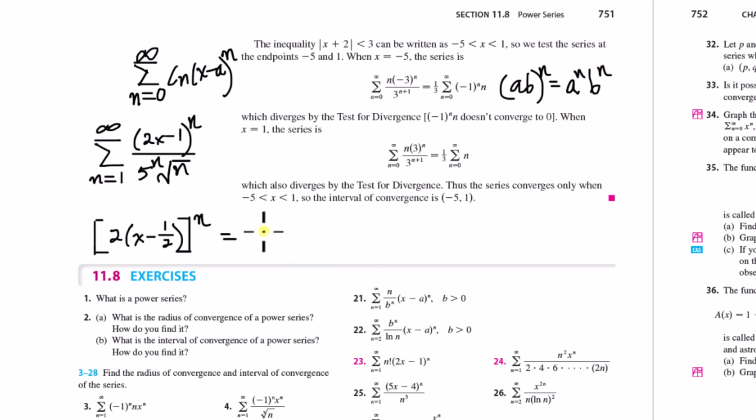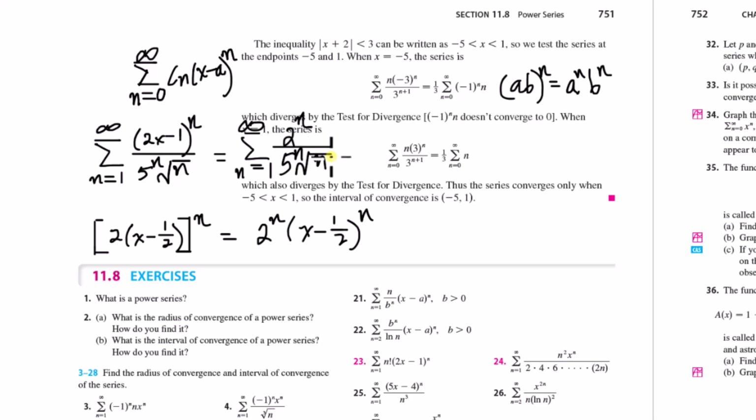So we can write this as 2 to the n. And there you go. Now we can rewrite this as 2 to the n over 5 to the n root n. And there's your c sub n.